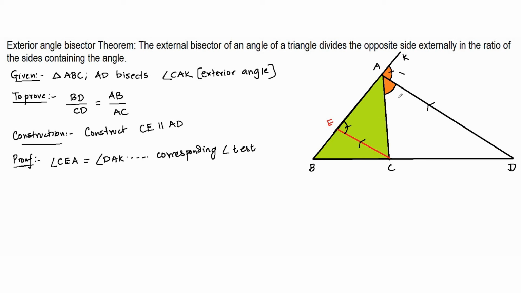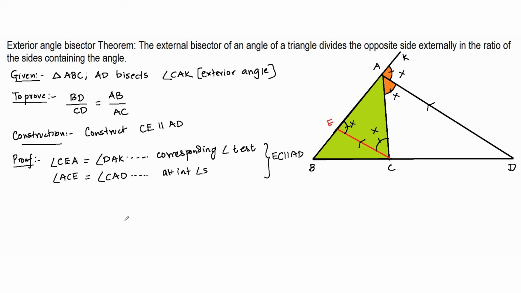So if this angle is marked as X, this is also X, then this angle will also be marked as X. And also there are alternate interior angles here. So this particular angle is going to be also equal to X. So I can say that angle ACE is equal to angle CAD, again because of alternate interior angles. And again over here the line EC is parallel to AD, right?